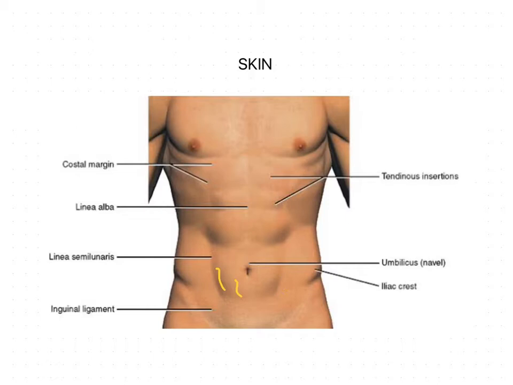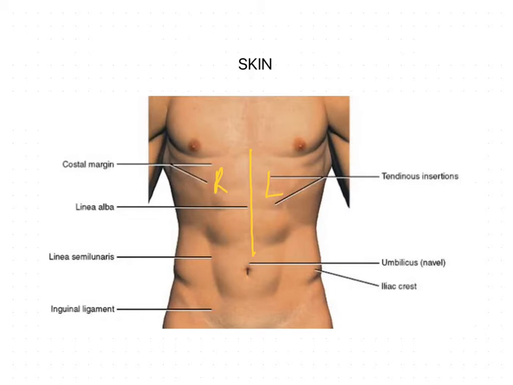On the skin we can find some landmarks. The first one is the linea alba. This linea alba is a vertical groove present in the anterior median plane, which divides the anterior abdominal wall into right and left halves.